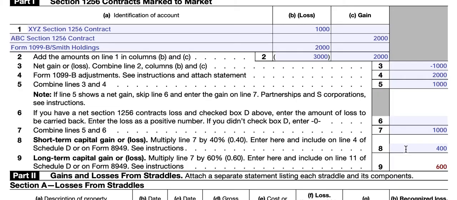So if you end up having transactions where you received some brokerage statements, but other transactions did not have a brokerage statement, you would complete a Form 8949 with just box B checked, then you would have to complete a different version of the form with box C checked.